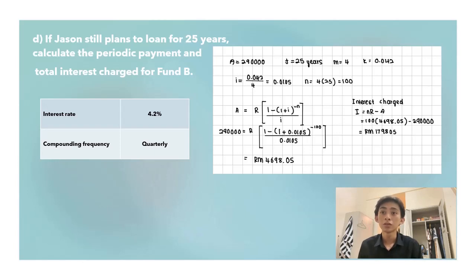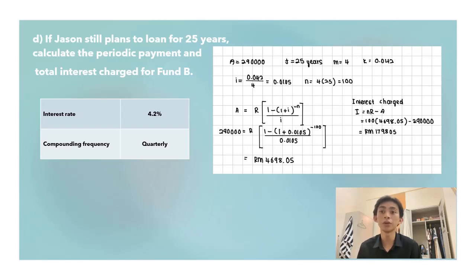A equals 290,000, T equals 25 years, m equals 4, k equals 0.042, I equals 0.042 over 4 equals 0.0105, and n is 4(25) equals 100.